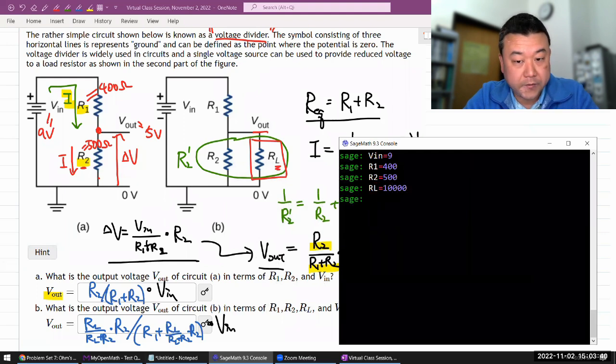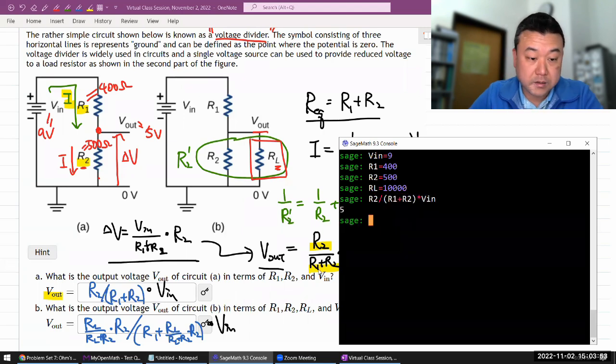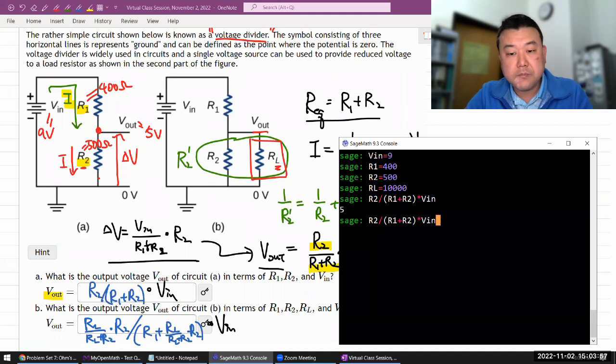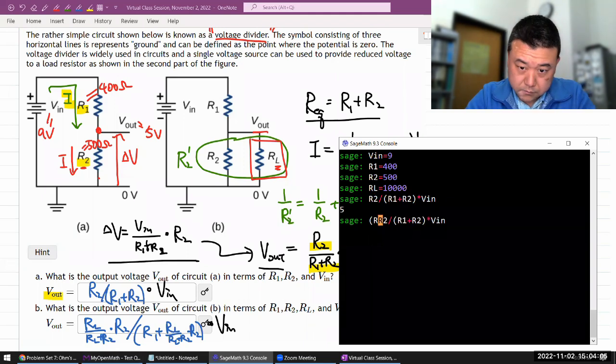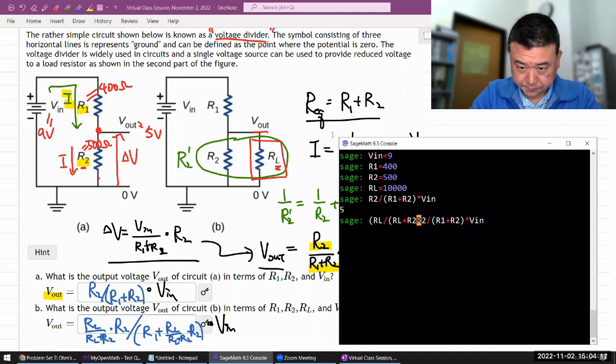Then my V out would be, let me just write it out, R2 divided by R1 plus R2 times V in. So in the ideal case, I get 5 volts as I want it. But when I replace this with the new value of voltage that's actually going to come out of it, then this is what ends up.